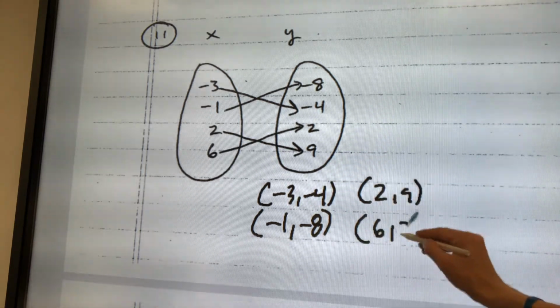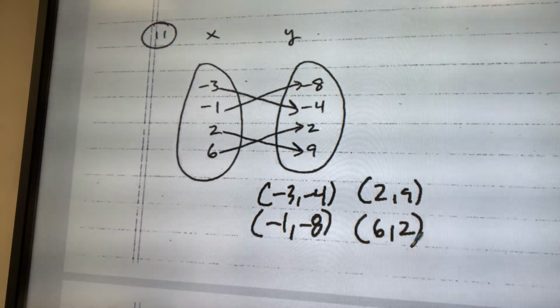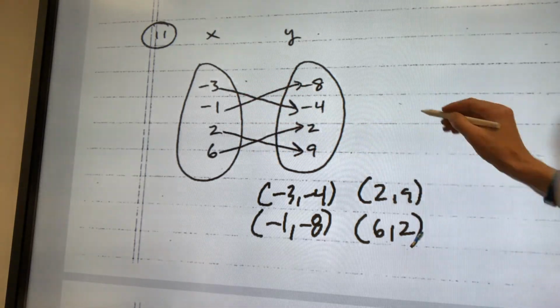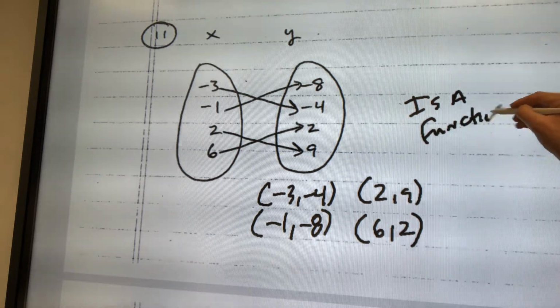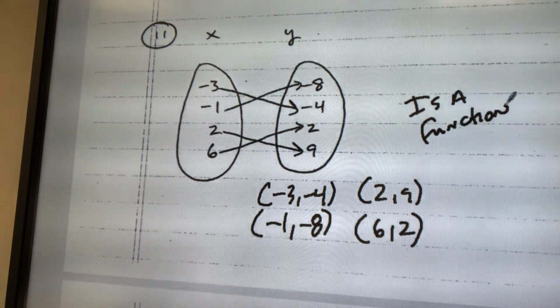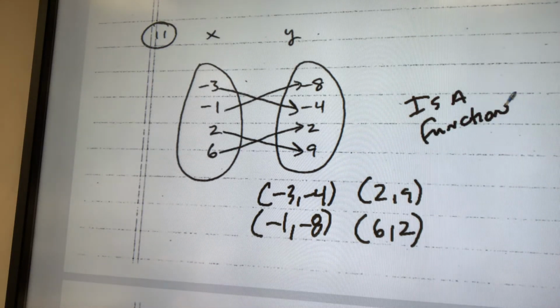And 6 goes with 2. This is another function. This is a one-to-one function. There's no, you don't have two arrows coming from the same x. No duplicate x, no cheating boy, however you want to think of it. Let's go to the next page. Take a look at 13 and 14.